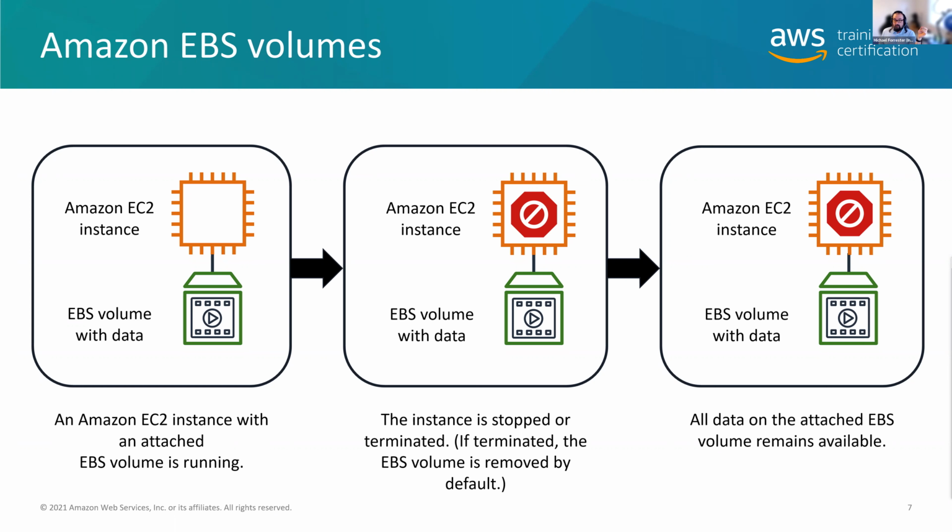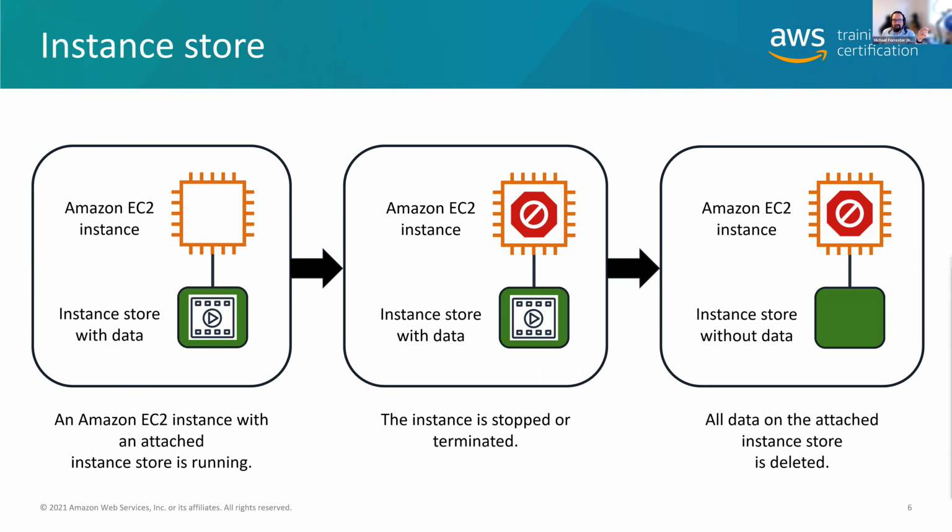And that EC2 virtual machine mounts that disk as if it's locally attached storage. So EBS is for permanent storage, and instance storage is for temporary storage. Now, don't get me wrong, instance storage is really fast, but it comes at the price of being temporary.